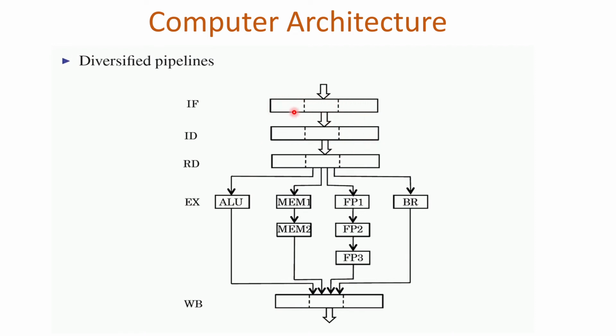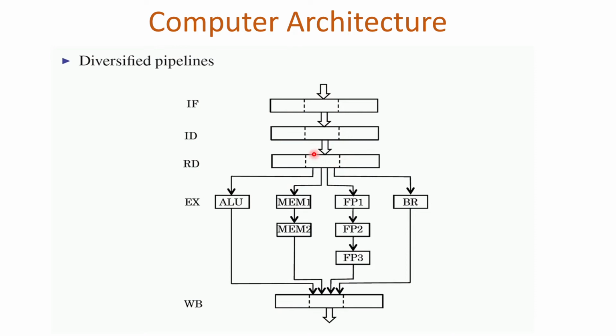Each and every stage has depth 3. So at a time 3 instructions can be fetched, 3 instructions can be decoded, and the 3 data for those 3 instructions can be read.